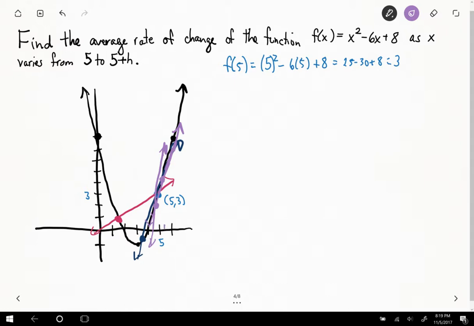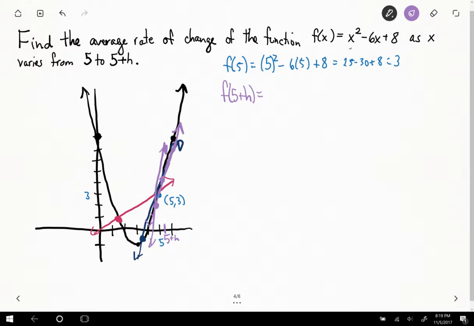In general, if we have some 5, we can look at some 5 plus h, where h can range to any other value, whether it's positive or negative. And if we can find that average rate of change, we're going to be in good shape. And the trick to that is, if we can find f of 5 plus h, what the heck does that equal? Well, f of 5 plus h, now notice, we've replaced every x.